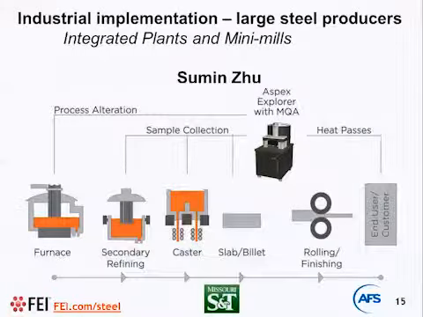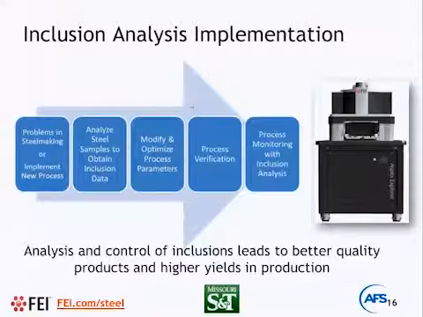People take samples from secondary refining, and they also take samples from the continuous caster. And when the steel slab or billet is cast, they can section samples from that and measure the inclusions. Or even at the end of the process, after finishing the product by rolling, they can still measure stringers and that kind of inclusion data. So next, I will give you some real examples.